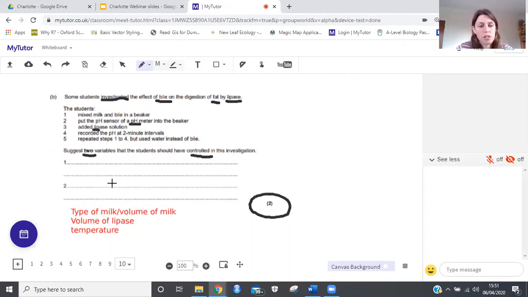All of those things are needed to keep that experiment fair and make sure that the only thing that you're changing is whether it's water or milk and bile. This is why it's very important to read the question properly. And that they're measuring the pH.